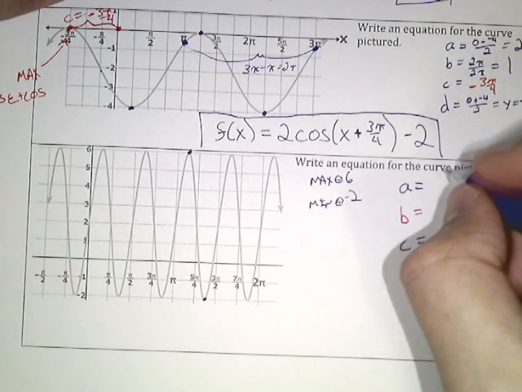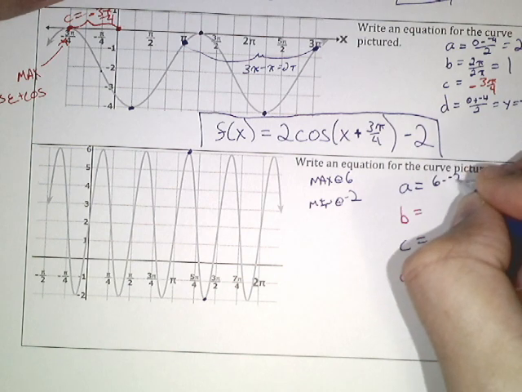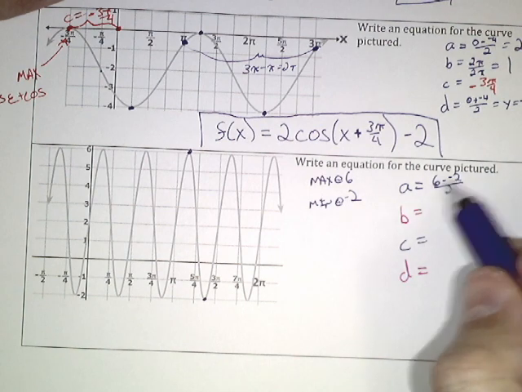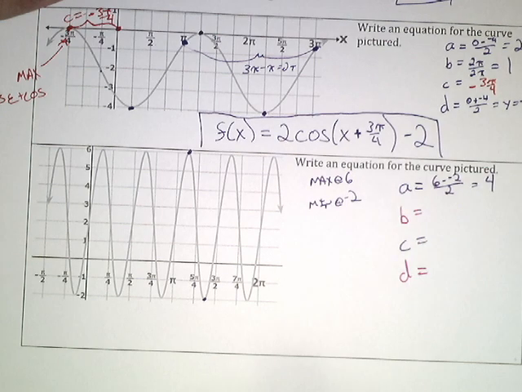That gives me an amplitude of 6 minus a -2 over 2. So 6 minus a negative is a positive, so 6 plus 2 is 8, divided by 2 is 4.